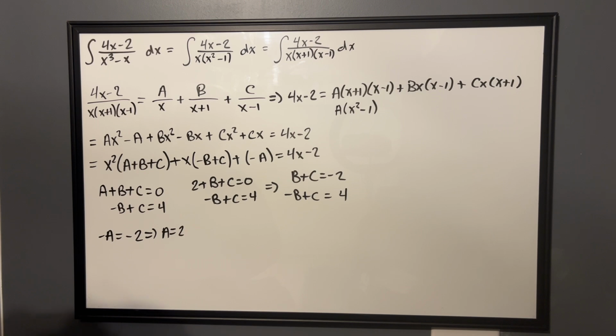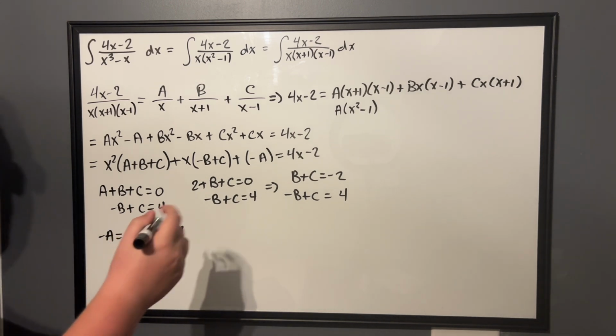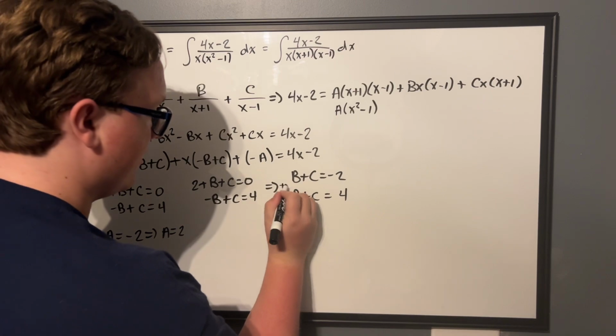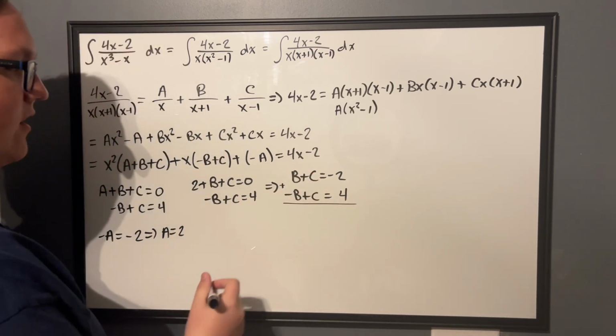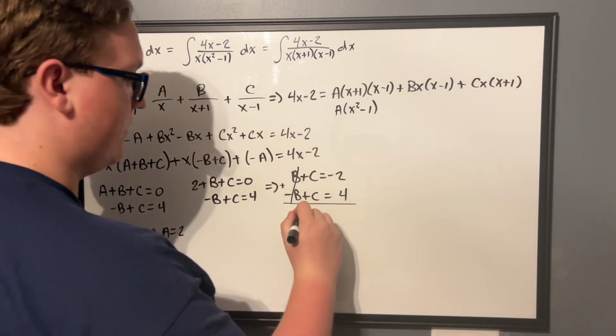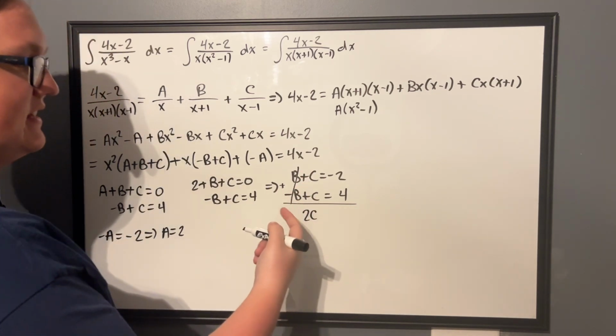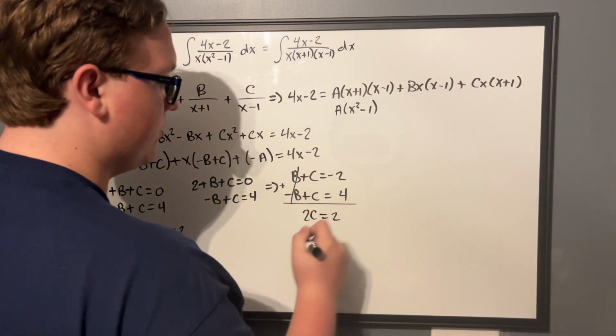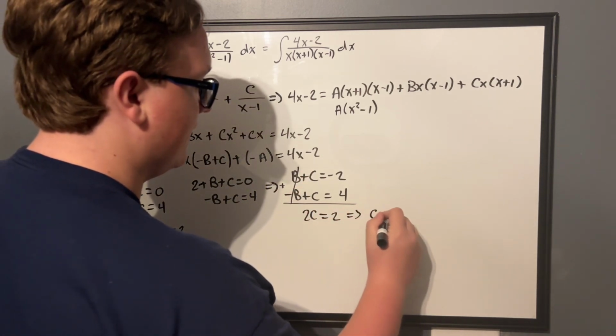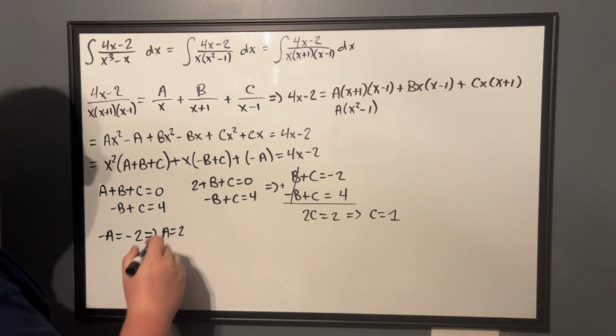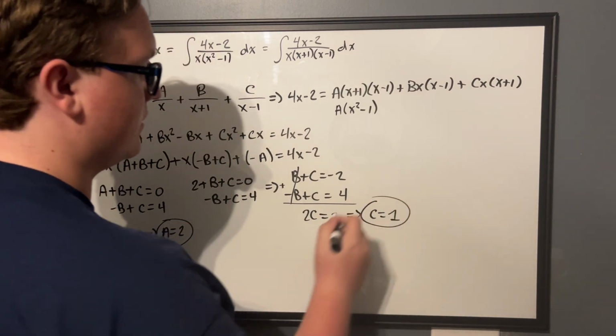Now we want to figure out the best way in which we can solve for either b or c. We notice that if we just add these equations together, we can cancel out the b term. So we'll cancel the b's and we'll have 2 c's, because we added c and c. And this is going to equal 2, which implies that c equals positive 1. So we've solved for a and c.